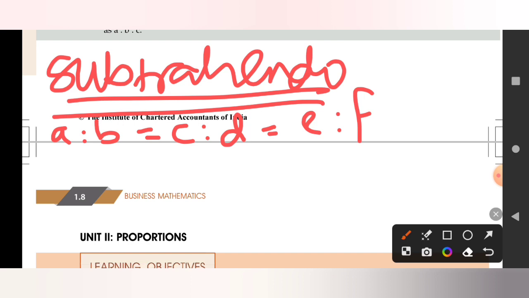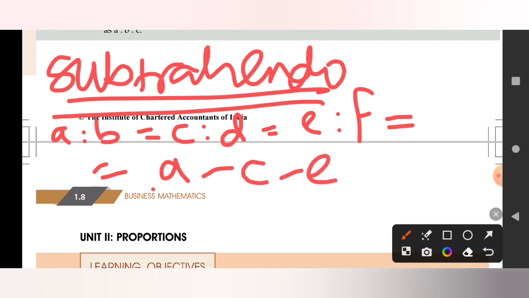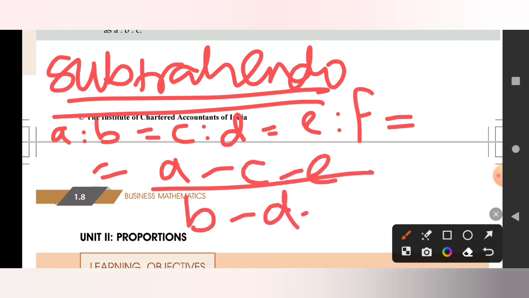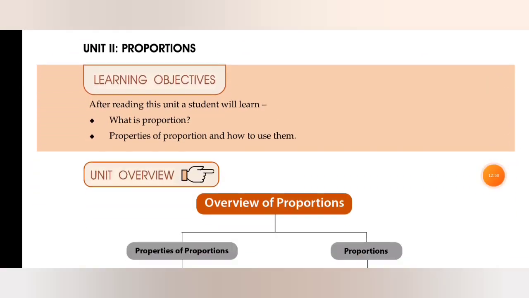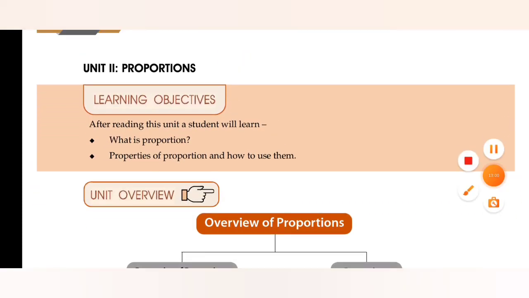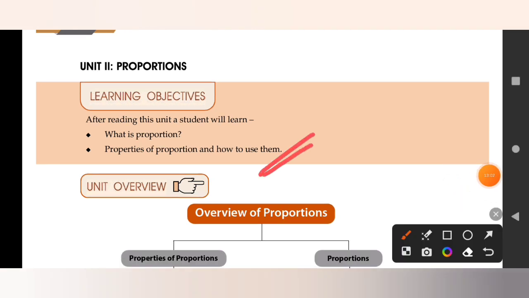That is, these are all equal to A minus C minus E divided by B minus D minus F. Okay, so again we are going to study it in detail. So these are the overall properties of proportion and how we are going to use them, which we will see further. Let's go ahead.